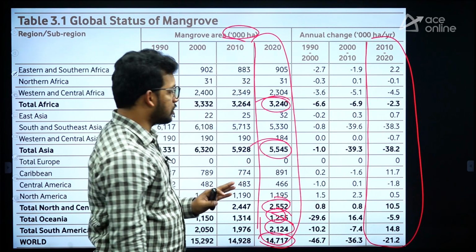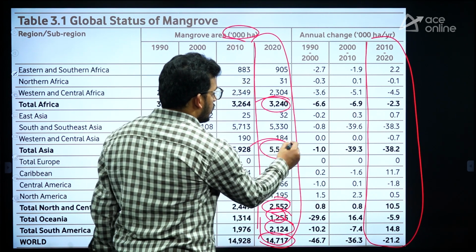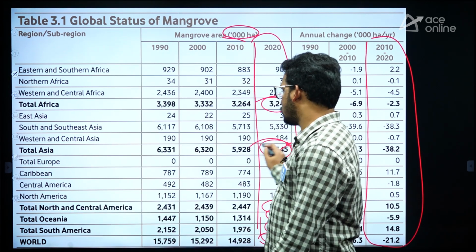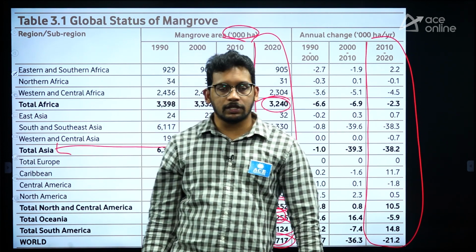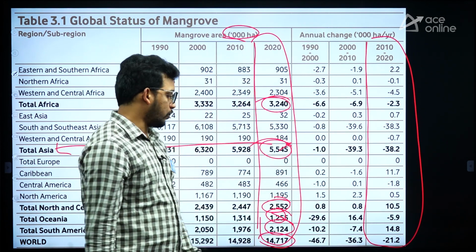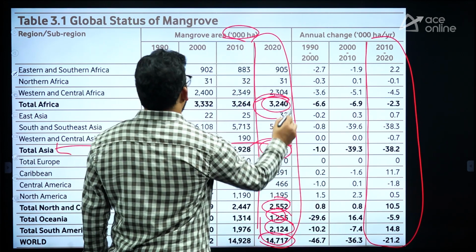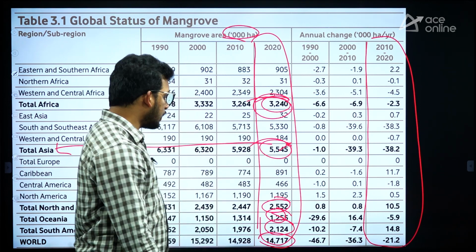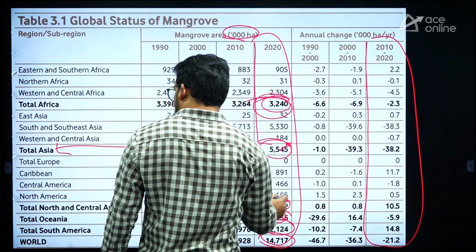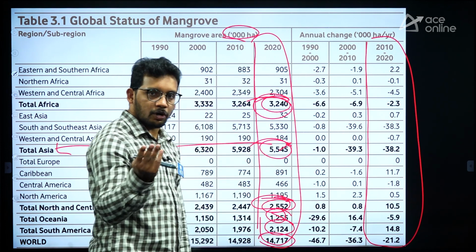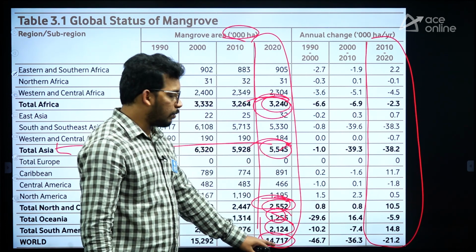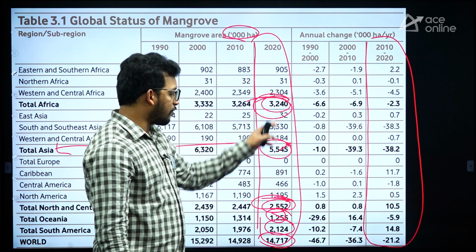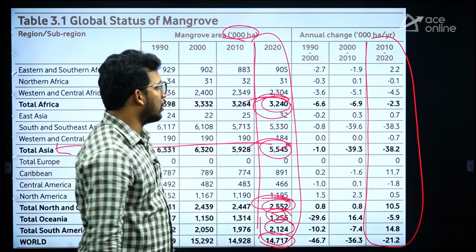Out of that, the highest is in Asia, followed by Africa, which has the second most mangrove forest, and then North America and Central America. At least the top three you can remember: Asia, followed by Africa, and then North America and Central America, right?